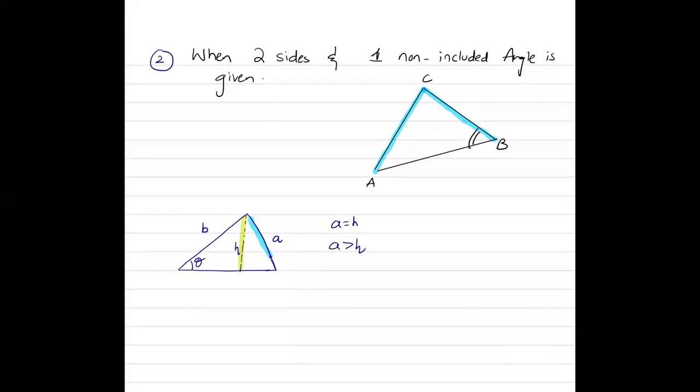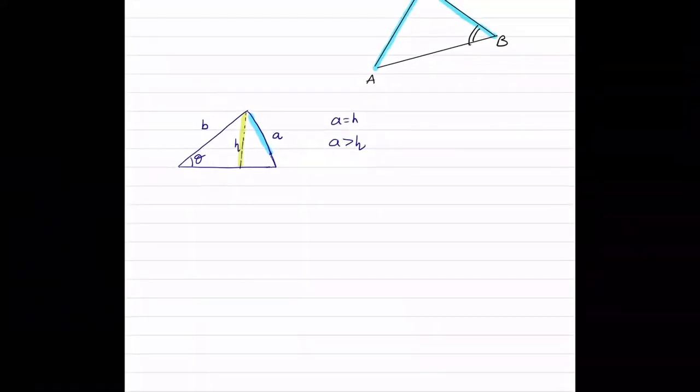Now, if in your triangle the length opposite to the given angle is greater than this side, you're only going to have one solution.